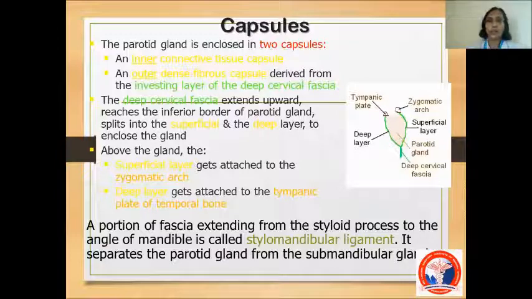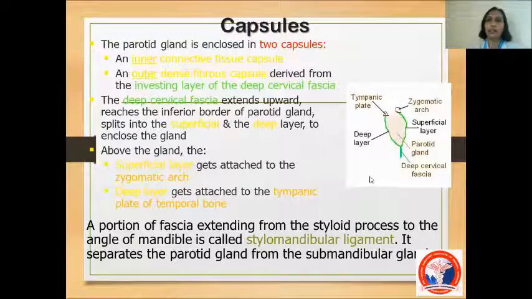The deep cervical fascia, which is extending upward, reaches the inferior border of the parotid gland. It splits to enclose the gland. Here it splits into a superficial layer and a deep layer, which run on the respective surfaces of the gland.